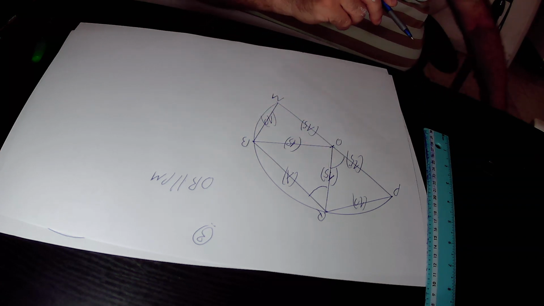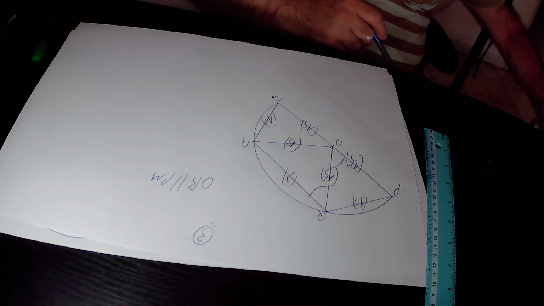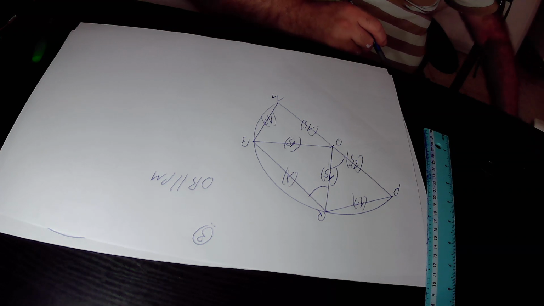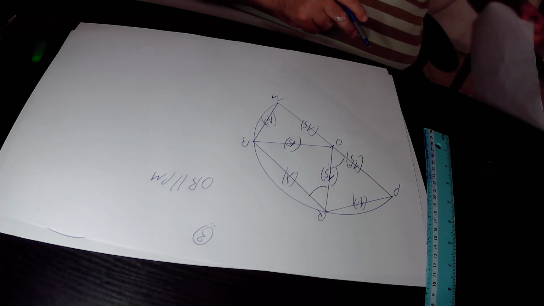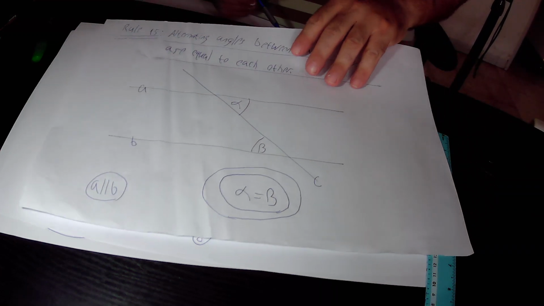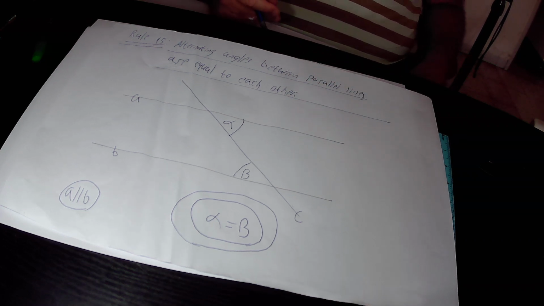So I repeat quickly on rule 15. According to rule 15, alternating angles between parallel lines are equal to each other.